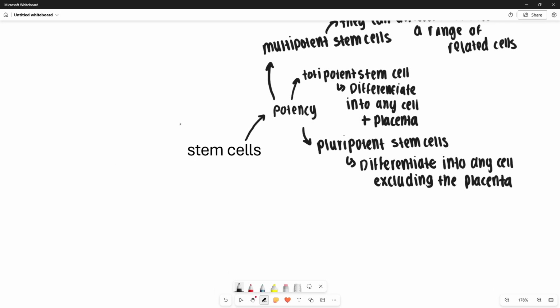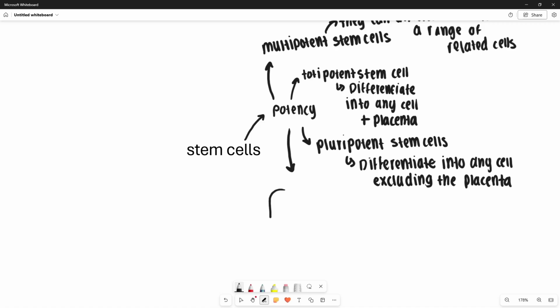And lastly, we have a unipotent stem cell. They can only differentiate into a certain type of cell. A good thing about unipotent stem cells is that they can renew themselves, which is really important when it comes to wound healing, especially scrapes on your skin. For example, you get a little scrape on your knee. A unipotent skin cell can patch it up with a big bandage.